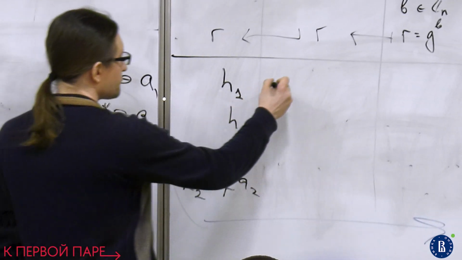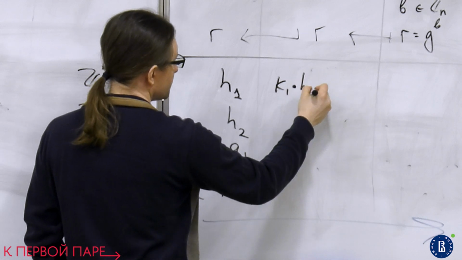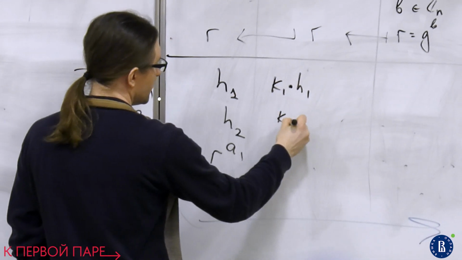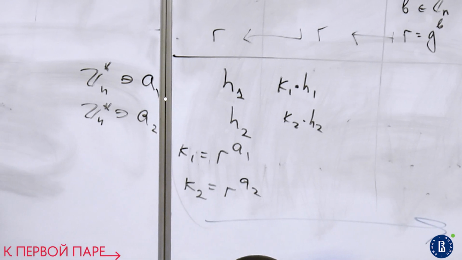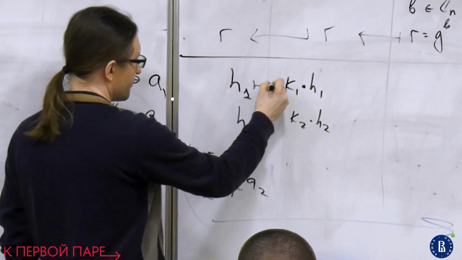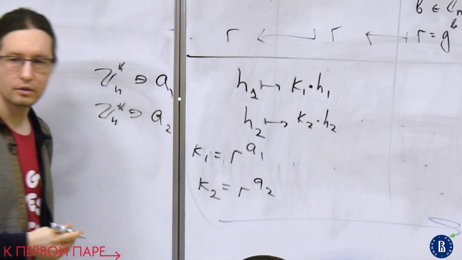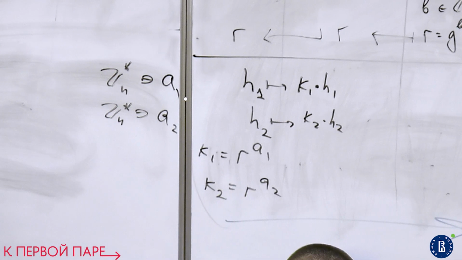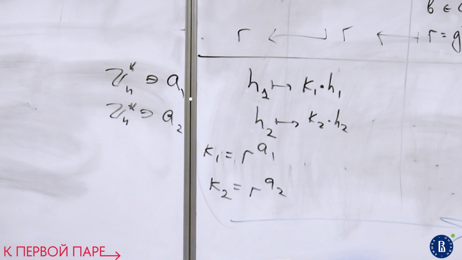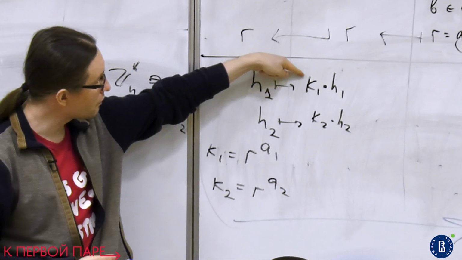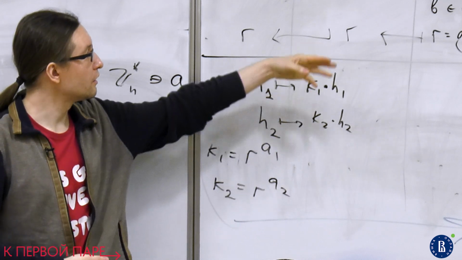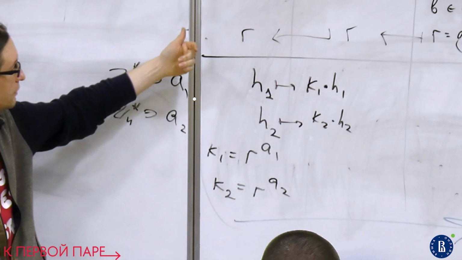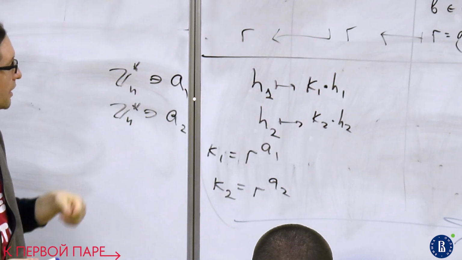So k1 times h1 and k2 times h2. These will be the encrypted messages, and you will send them. But now, your lover must have a way to recover this information. In order to recover it, she or he needs the knowledge of your public key.